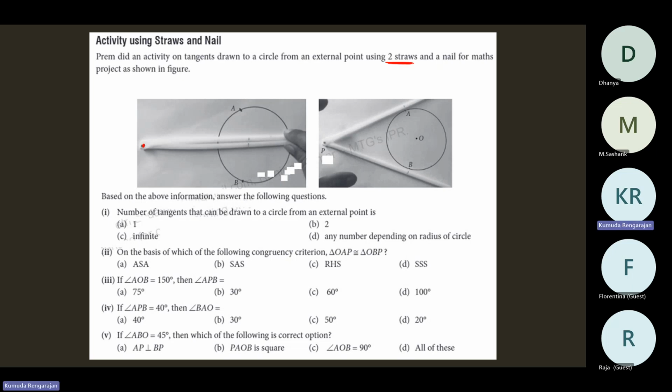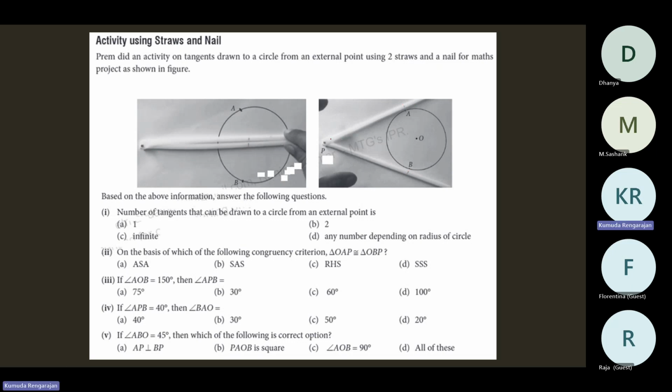Or he's taken 2 straws, I think. Okay, I thought he's folded the straw. Okay, he has taken 2 straws, and he's nailed the 2 straws like this. So this is like the external point. And he's marked off the points here. You can see he's marked, and then he's spreading it open. You can see these marks here, and here.